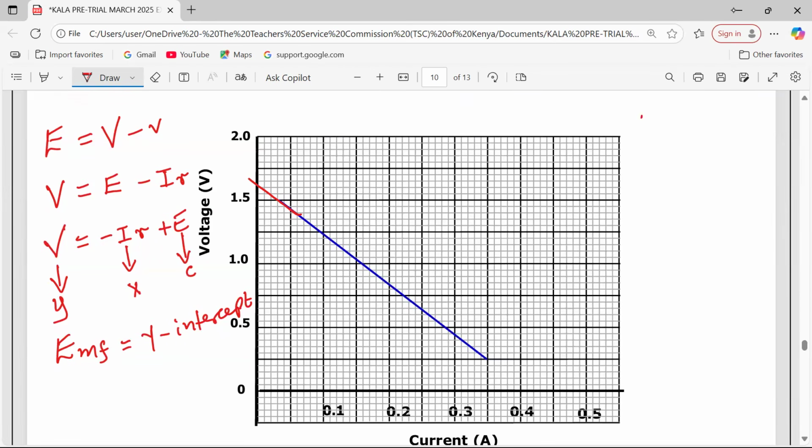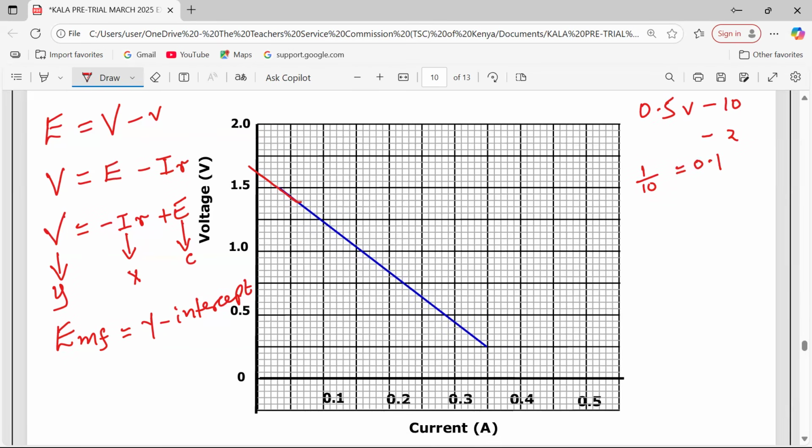So I'm seeing 0.5 volts being represented by 10 units. What about the units represented by the 2 units that I'm seeing beyond 1.5? It shall be 1/10, which is 0.1. So this is 1.51.